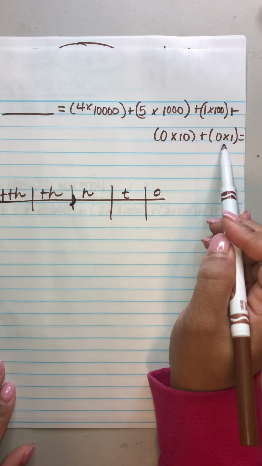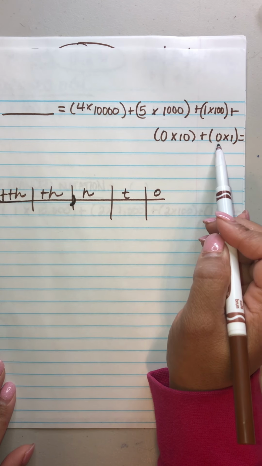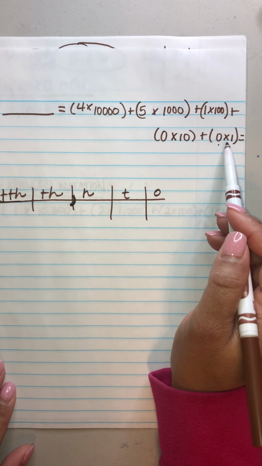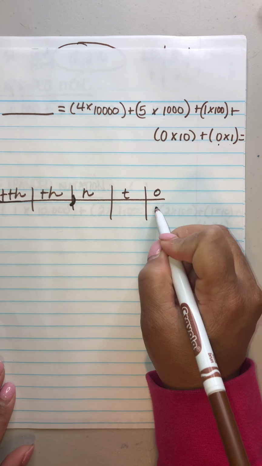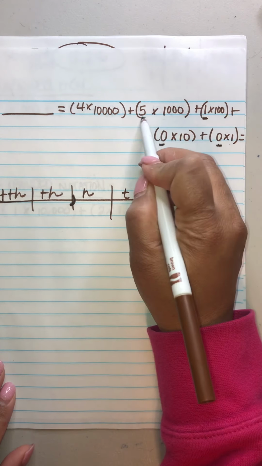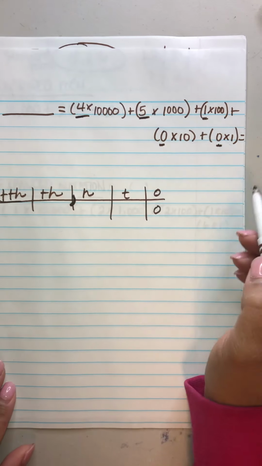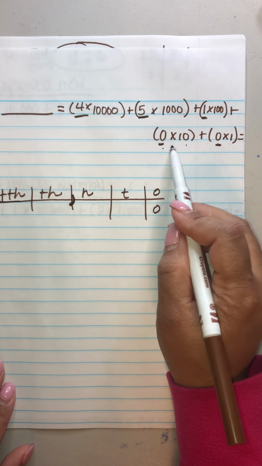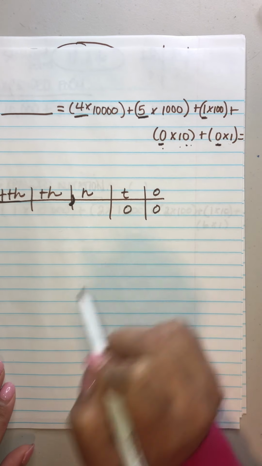I have a 0 in my ones place. Here's my ones place. It says 0 times 1, so that's just going to be a 0 because I'm looking at the number that's being multiplied by that place value. This is another 0 times 10 times the tens place, so this would also be a 0.